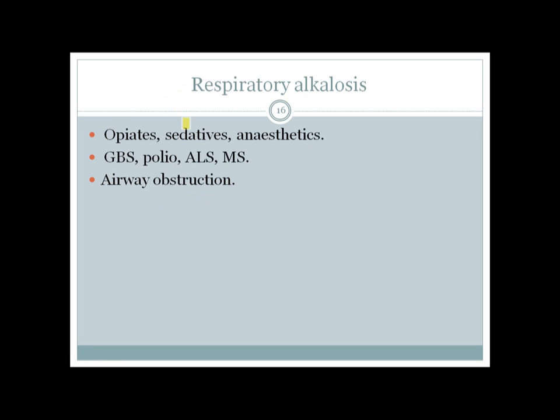And there are some other causes of respiratory acidosis. Sorry, I mistakenly said alkalosis; this is not respiratory alkalosis, this will be respiratory acidosis. Sorry for that mistake. Other causes of respiratory acidosis include sedatives, which act by the same mechanism: they depress the medullary respiratory center. Anesthetics act by the same mechanism.